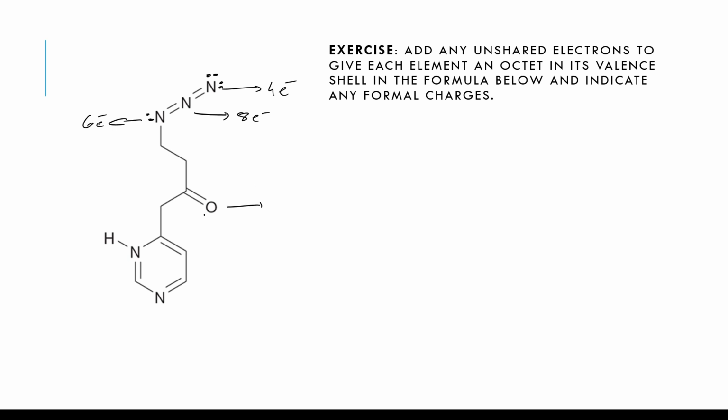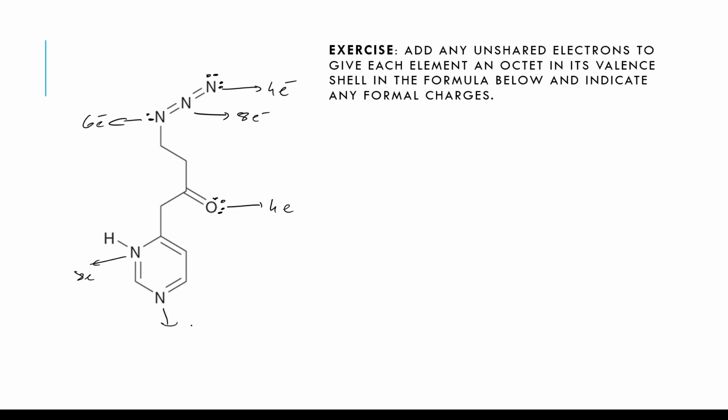And let's come to this oxygen. It is connected with a double bond, meaning that it is surrounded with four bonding electrons. We can have two lone pairs to make it octet. And in the lower part, this nitrogen is already surrounded with 8 electrons because we have two single bonds and we have one double bond, meaning that it is surrounded with 8 electrons.